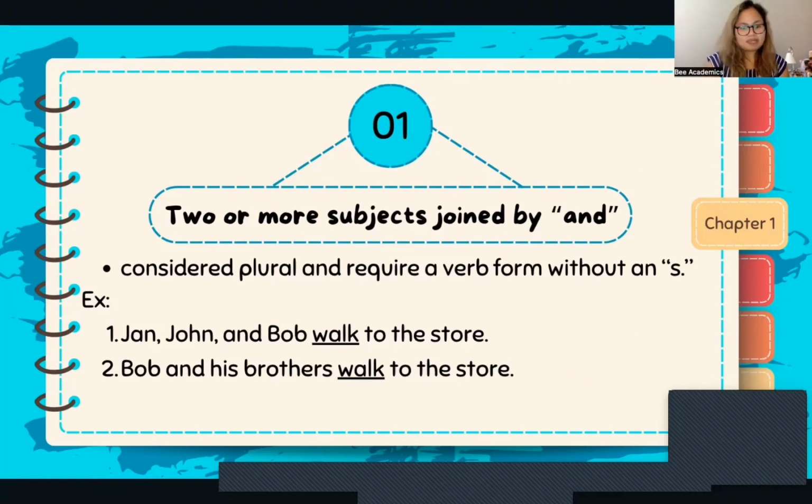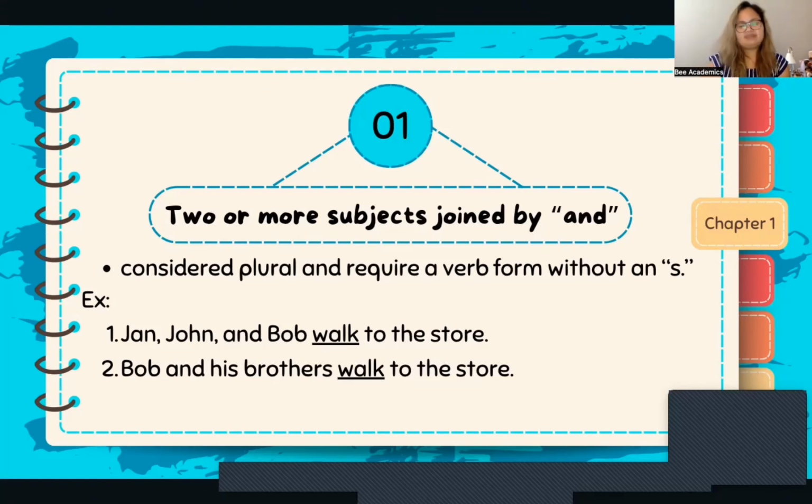There are 3 people in here combined with the word and, so we use the verb without an S. Number 2 is Bob and his brothers walk to the store. So it's not just Bob, but also his brothers walk to the store.